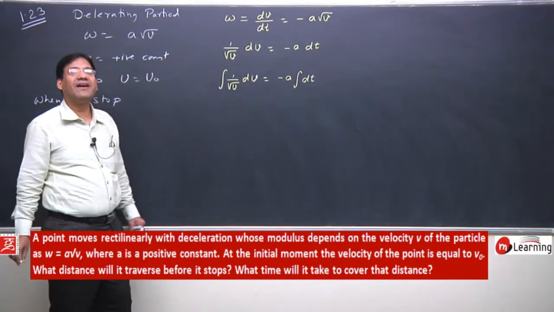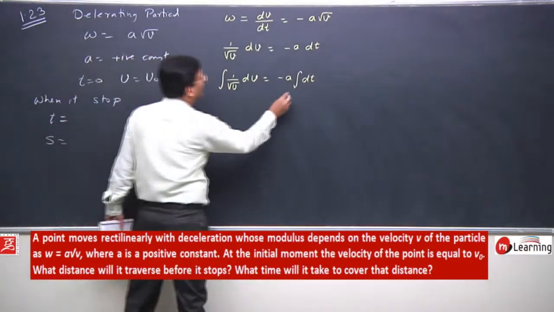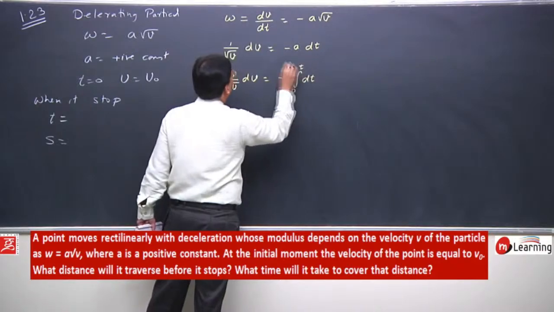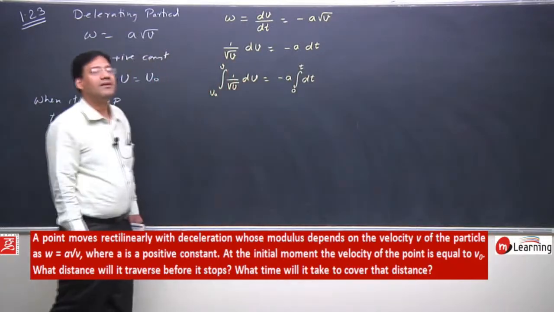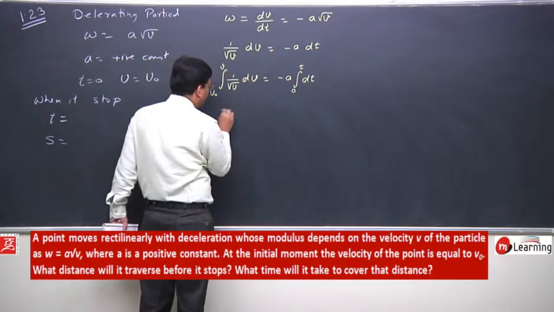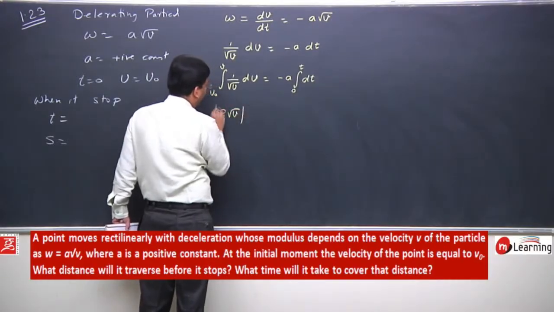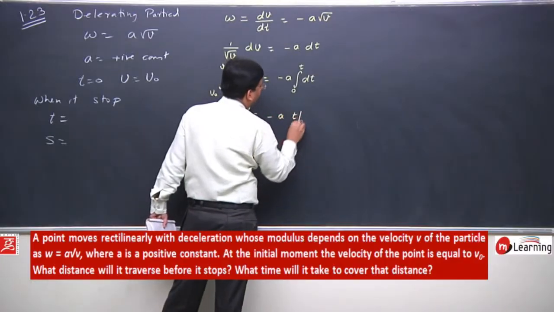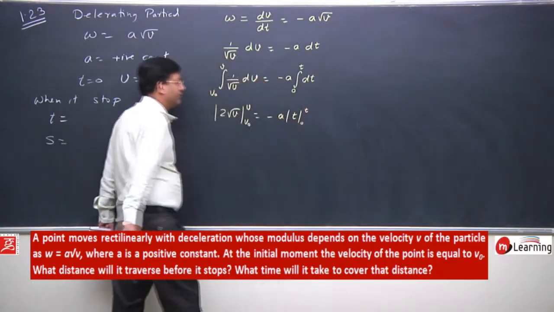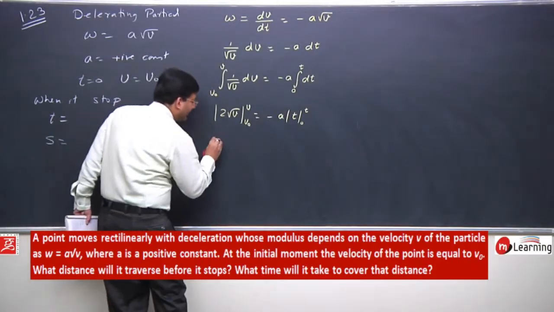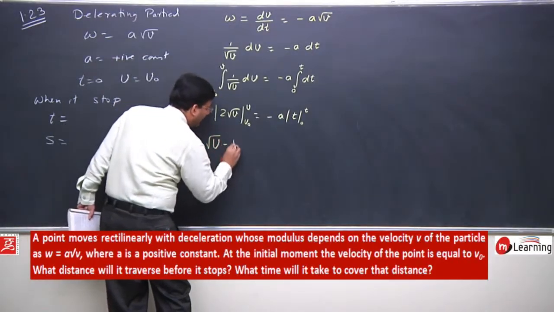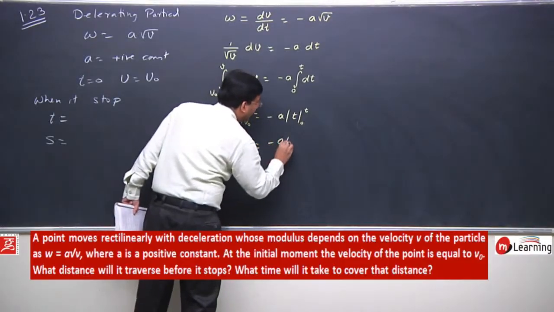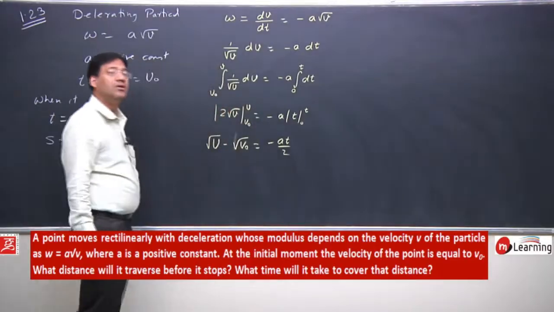Now I put the limits. At t equal to 0, velocity of the particle is v naught, and at any time t, velocity is v. Integration of this function is 2 root v from v naught to v, minus a integral of dt, which is t from 0 to t. Or I will write root v minus root of v naught is equal to minus at by 2.